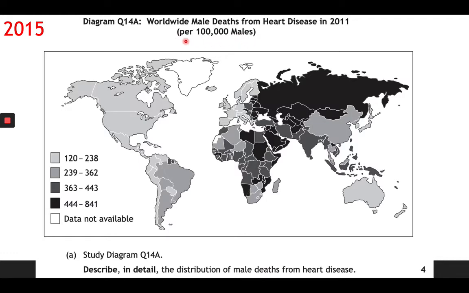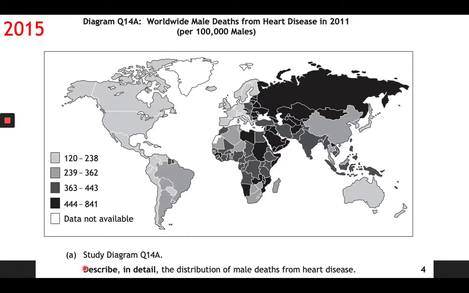That's part of the question here. And we've got a graph here, a key on the side showing us how many people are dying. And this was in 2011. So obviously this colour here, the black, that tells us that 444 to 841 people are dying per 100,000 from heart disease. You could use an example, Russia up here.